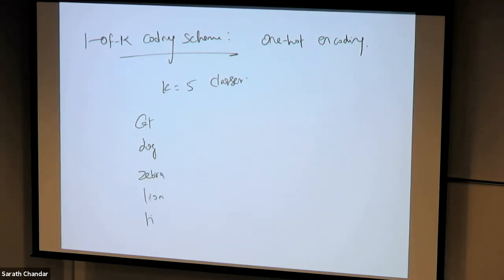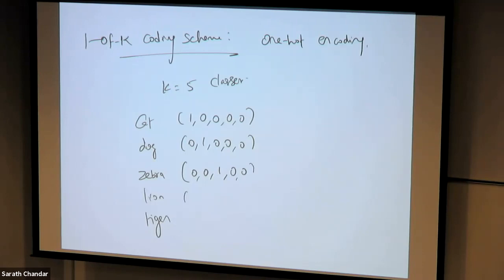Instead of calling these 1, 2, 3, 4, 5, I'm going to give a vector representation for them. I'm going to call cat 1, 0, 0, 0, 0. Dog is 0, 1, 0, 0, 0. Zebra is 0, 0, 1, 0, 0. Lion is 0, 0, 0, 1, 0. And tiger is 0, 0, 0.